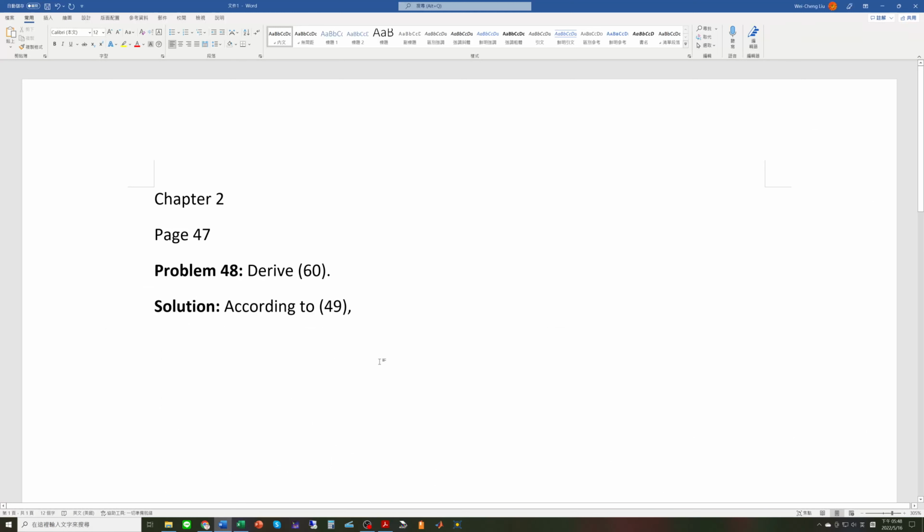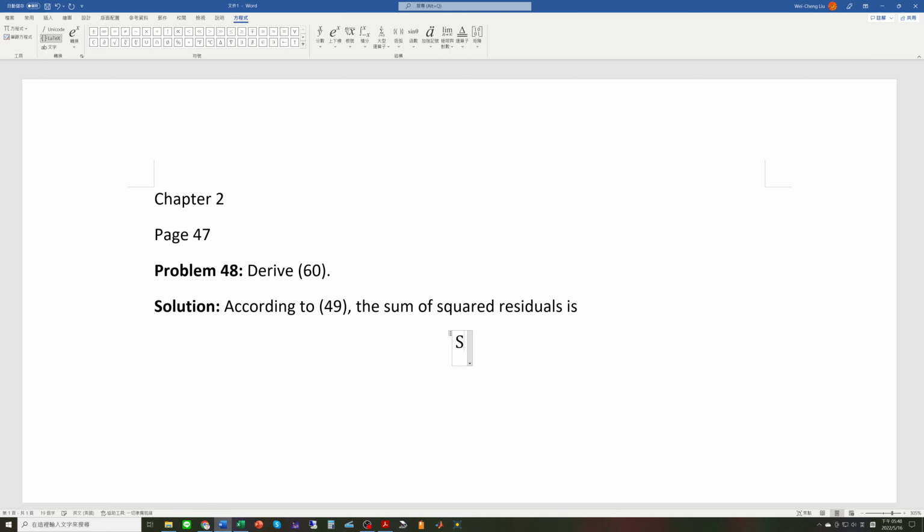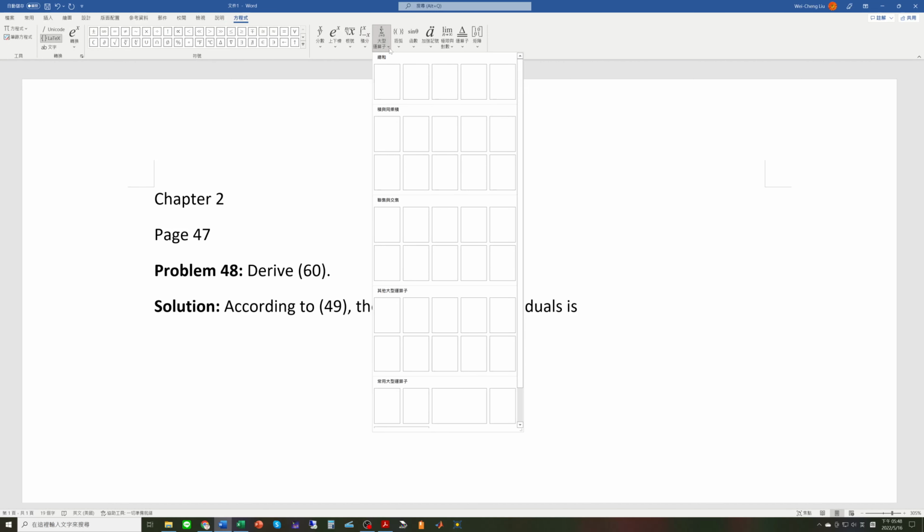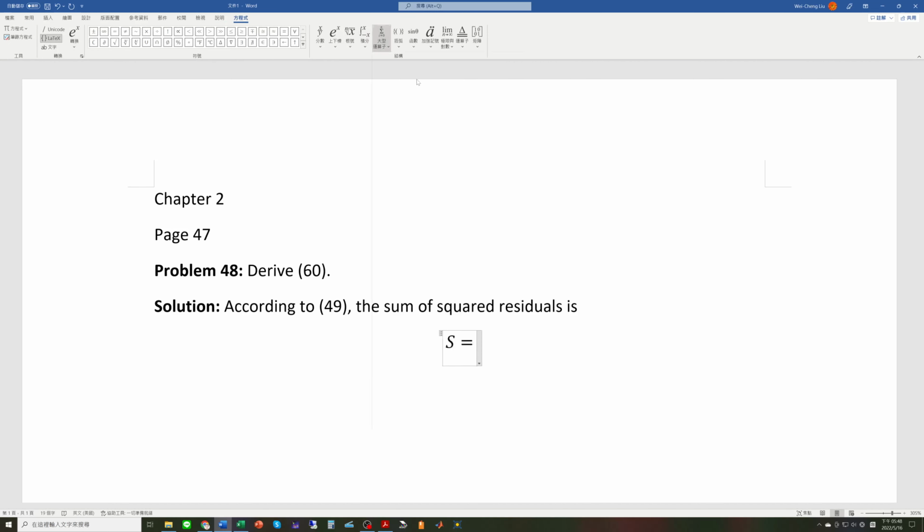So the sum of squared residuals is S equal to the summation, i from 1 to n.